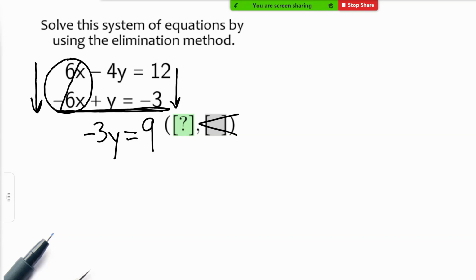Put a slash through it to remind yourself that it cancels out. 0 pairs in the elimination method. And then we're going to combine the y's. Negative 4y plus y equals negative 3y. 12 minus 3 is 9.